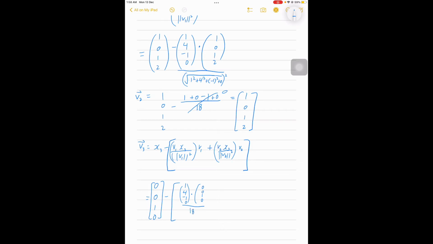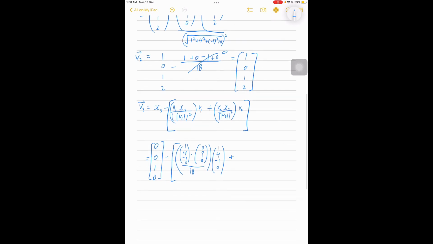So this is 18 times v1, which is 1, 4, -1, and 0, plus v2, we found it to be 1, 0, 1, 2 dot 0, 0, 1, 0 over 6, which is the magnitude of v2 squared, and then v2 itself, so 1, 0, 1, 2.